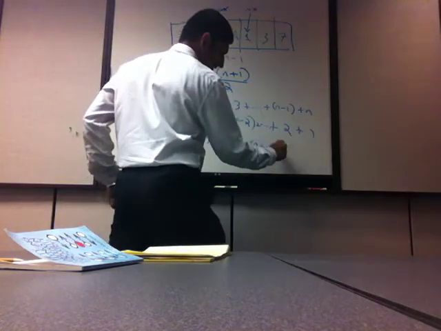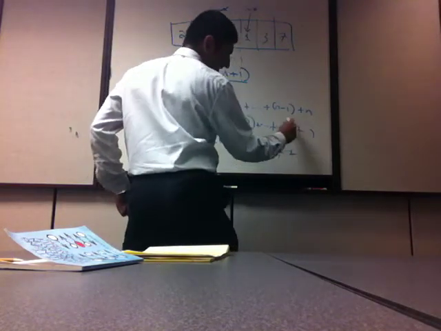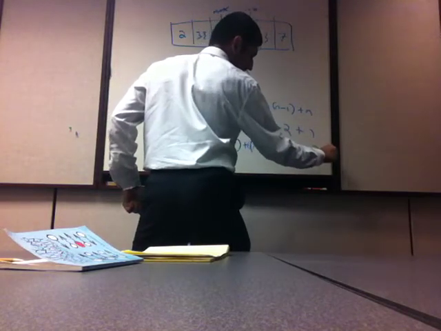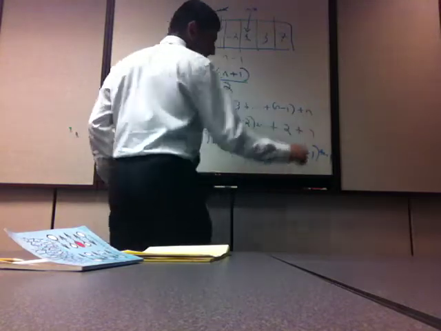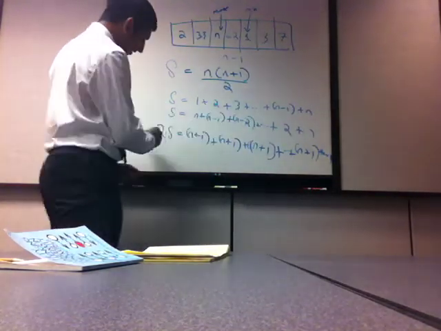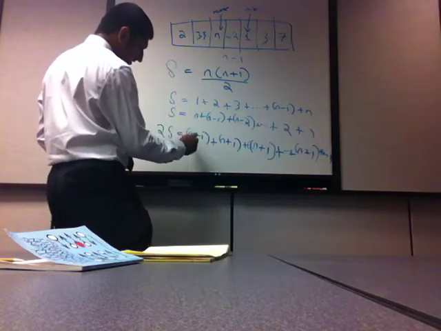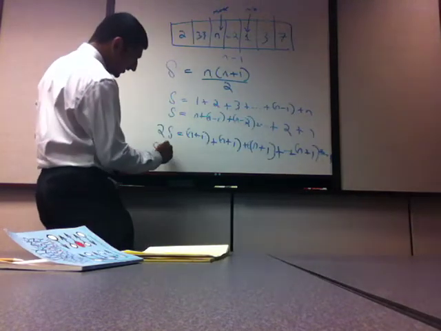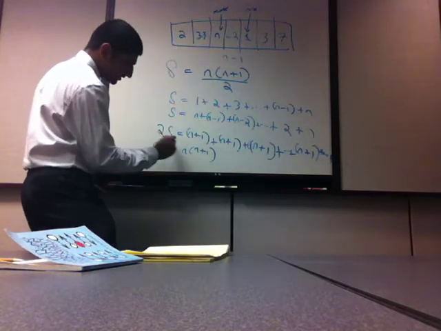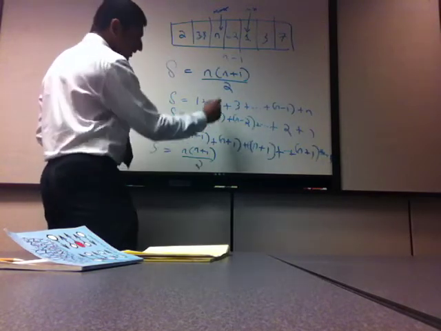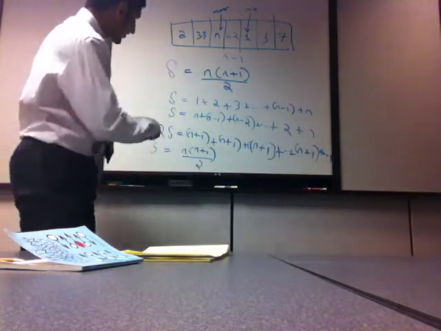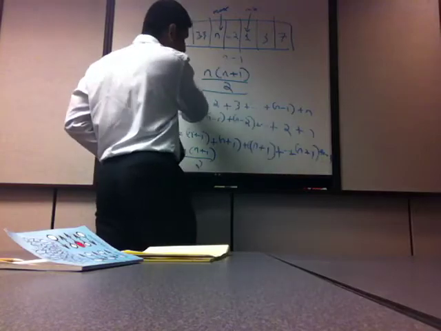Plus n plus 1, plus n plus 1, this last case. And notice that we're adding n plus 1, n times. So 2s is n times n plus 1, so s is equal to n times n plus 1 divided by 2, which is nothing but this result. So that's the derivation, that's how we derive the result that we got here.